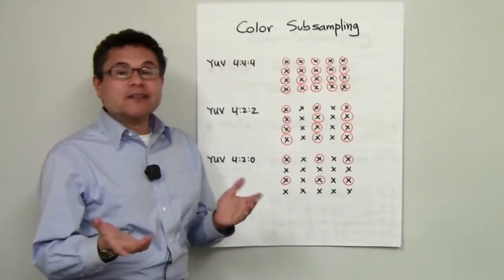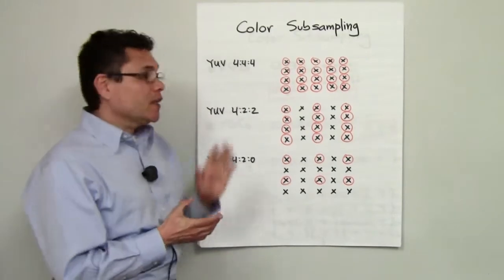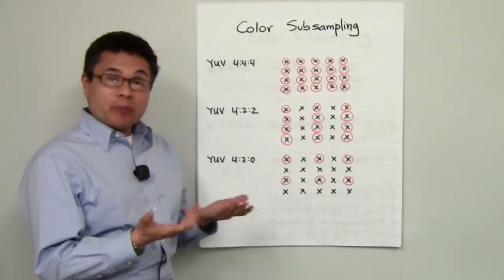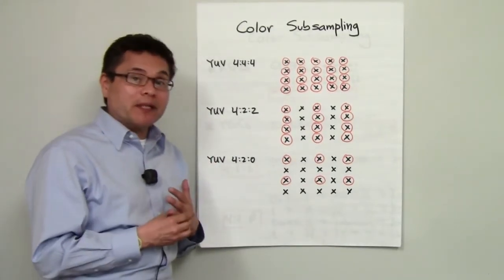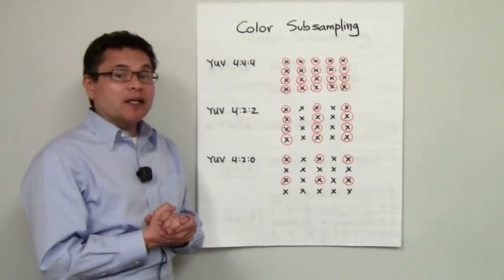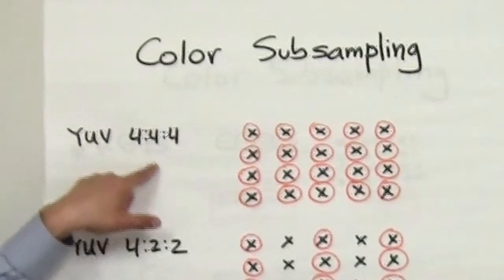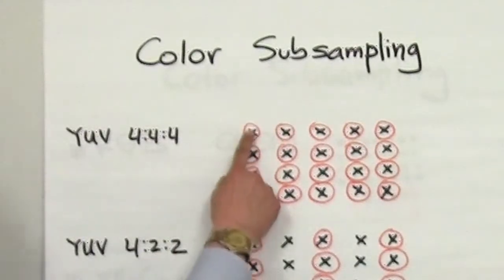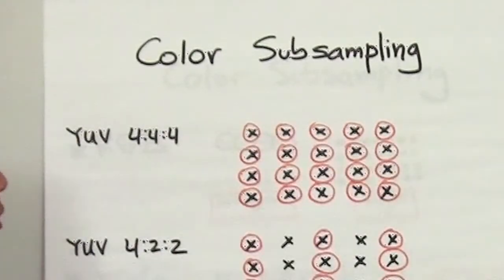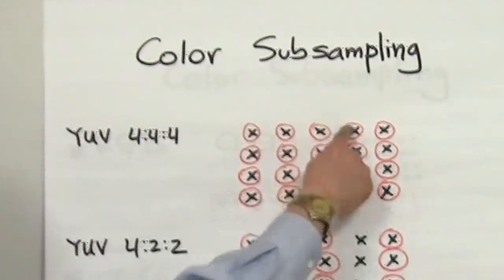Continuing with the color subsampling theme, in this graph I have represented the YUV sampling domain in a different way for easier explanation. And here, the YUV 4:4:4 domain, I've represented X's for the luminance components and circles for the chrominance components.